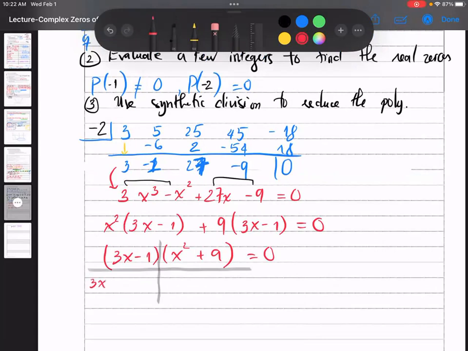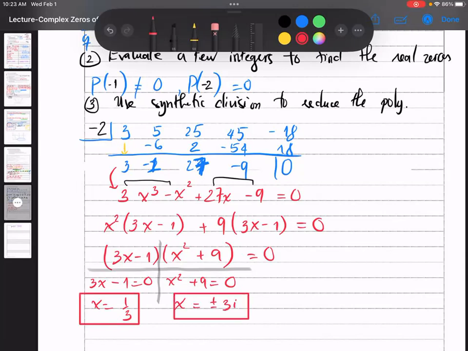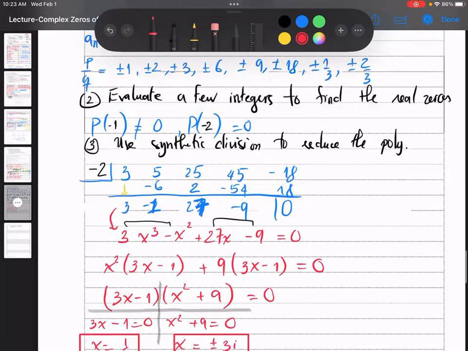Either I have 3x minus 1 equals 0 or x squared plus 9 equals 0. X equals 1/3 or x equals plus or minus 3i. You saw this in number 1 at the beginning of the class. And don't forget, our very first solution will be x equals -2.